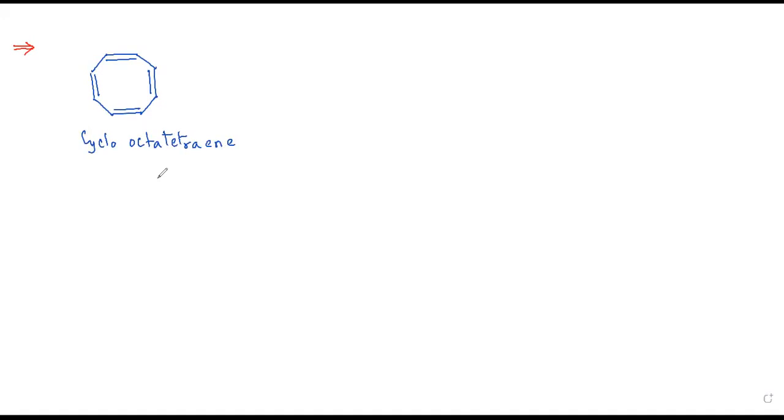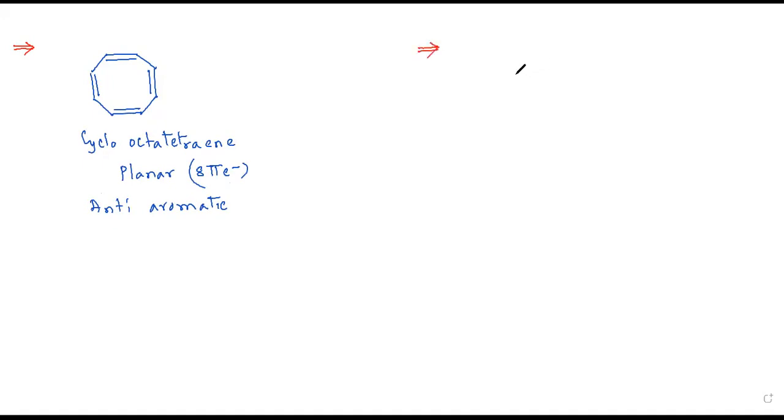Now, as such, cyclooctatetraene, if at all it is taken as this, this is of course planar, has 8 pi electrons. So we can say that it is anti-aromatic, right?